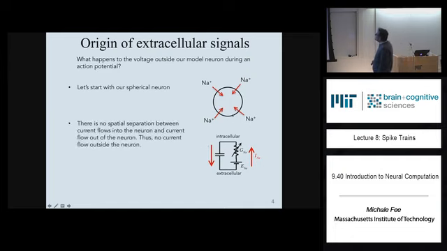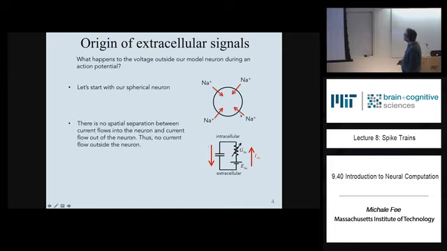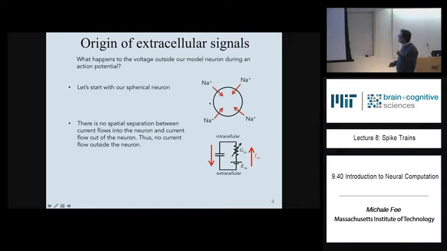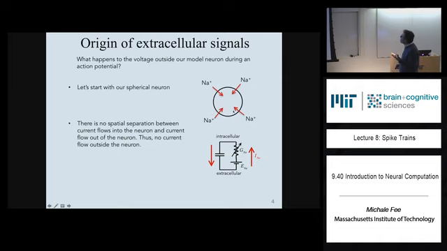Now, these two currents, the sodium ions flowing through the membrane and the capacitive current flowing outward through the membrane, are co-localized on the same piece of membrane, and so there's no spatial separation of the currents flowing through the membrane.